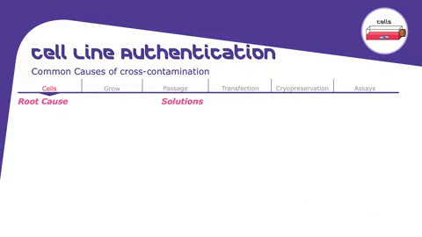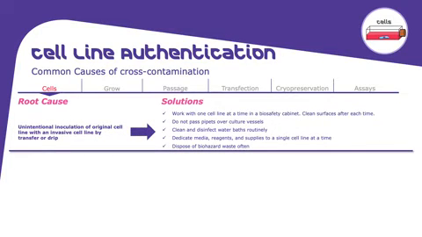So what is the most common cause for cross-contamination or misidentified cells? One of the reasons can be an unintentional inoculation of the original cell line with an invasive cell line, and that very often happens when researchers are working with several lines at the same time. And I know with our research it's very difficult to work with one cell line, but at least when you're doing a media change or any kind of manipulation with cells, we would strongly recommend you to work with one cell line at a time and try to clean the surface in between the different cell lines.